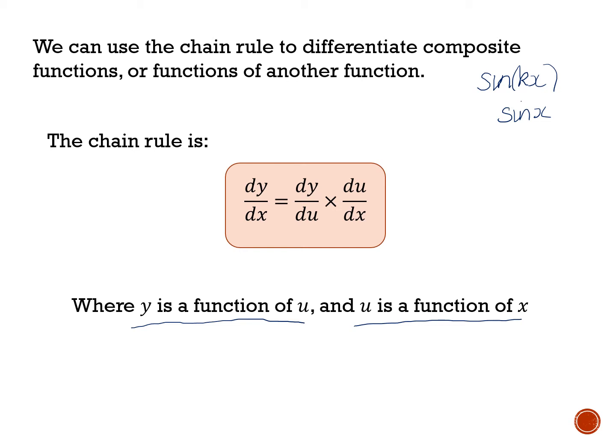Mathematically it doesn't really work like that, but a good way of thinking about it is the du's kind of cross-cancelling there, ending up with dy/dx. That's quite a nice way to think about it if you're trying to remember what the chain rule is. Make sure you have that written down. We'll do some examples so you can see nice and clearly what I mean by what y is and what u is. Just hold that thought for a minute, and make sure you have those written down.